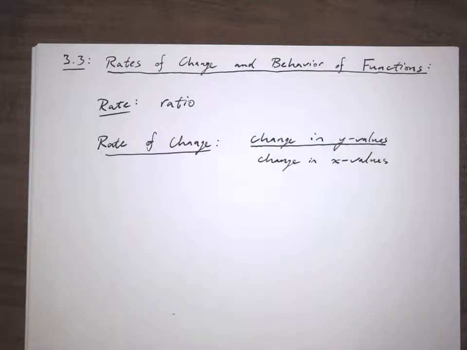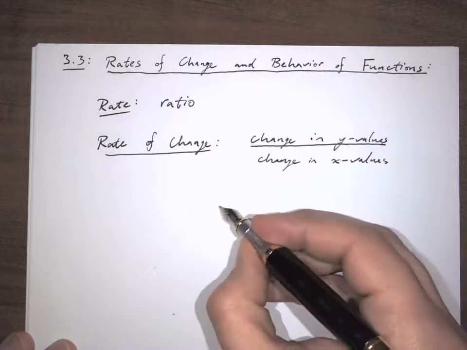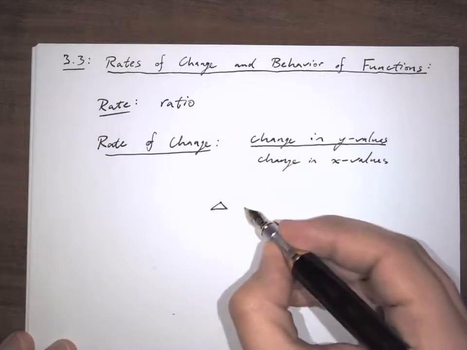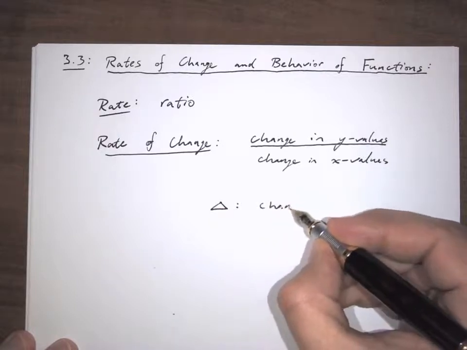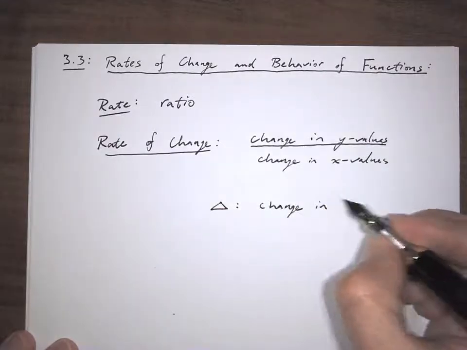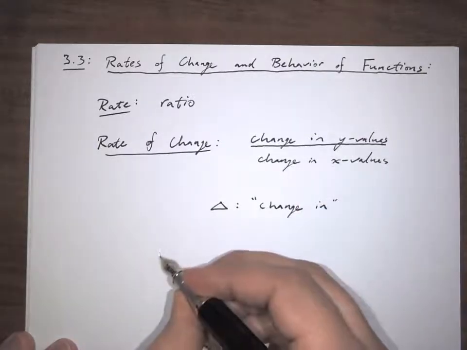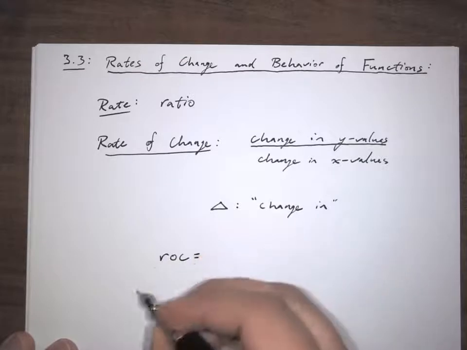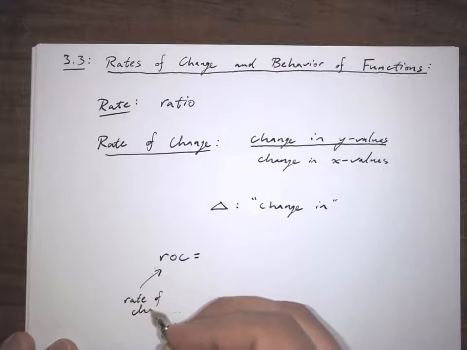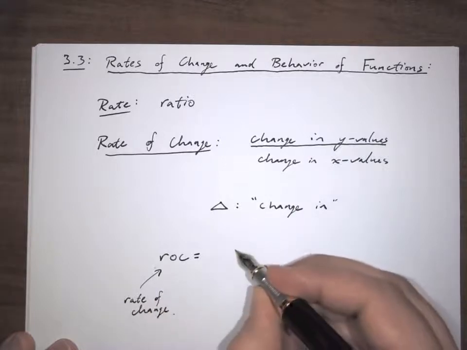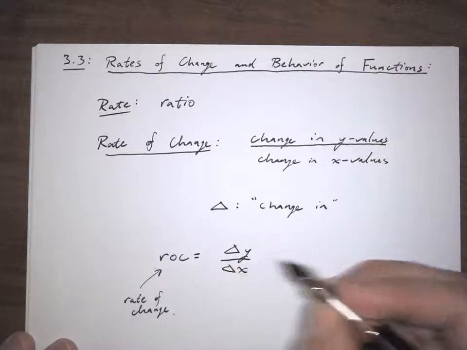Now, there's a common notation that's used for this, and it's a delta, which is a triangle. This means change in, and what that then would let us say is the rate of change. Rate of change is equal to the change in the y values divided by the change in the x values.